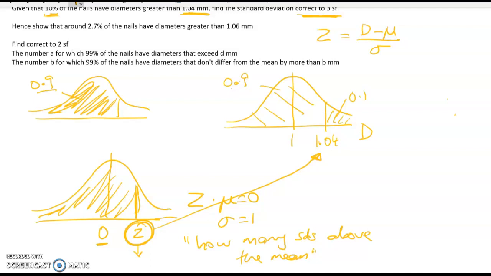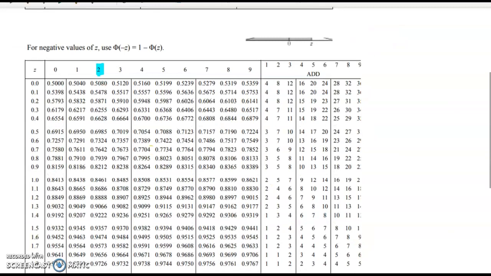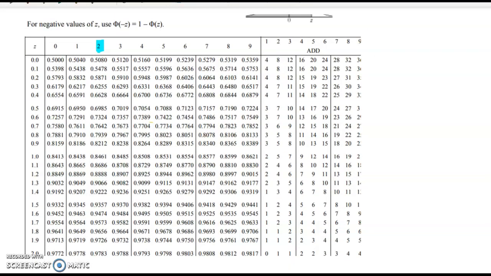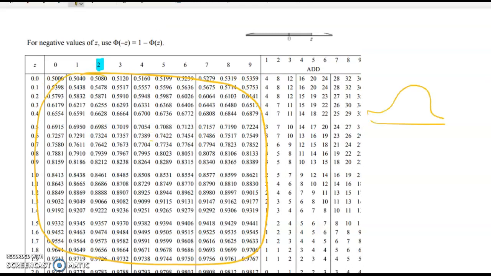So the first way we can do that is if we're looking for 90% here, we can simply go to our big table here, right? So this table here, all of these numbers are the probabilities for the lower tail of the graph, right? And so if we go hunting through here, we can do it this way. And actually, sometimes I just do it this way, right? So here we've got very close to 0.9, and here we've got a bit above it.